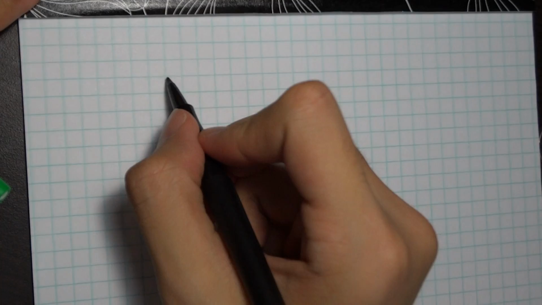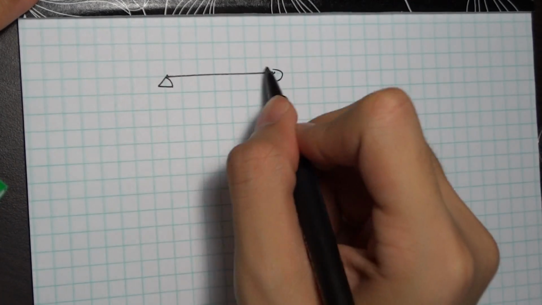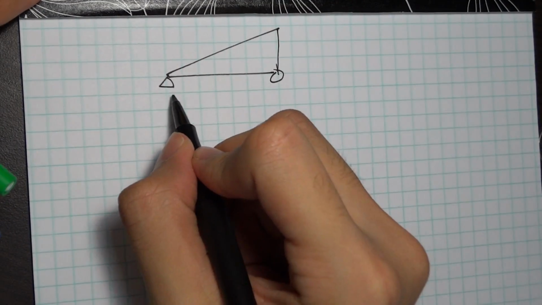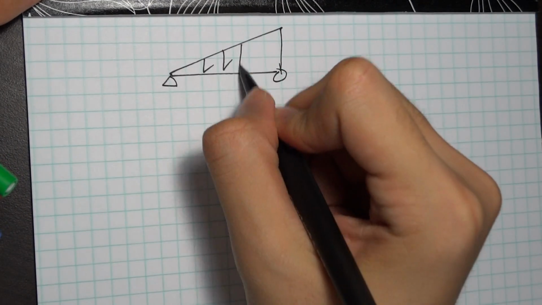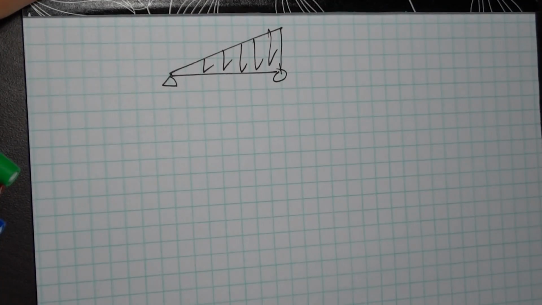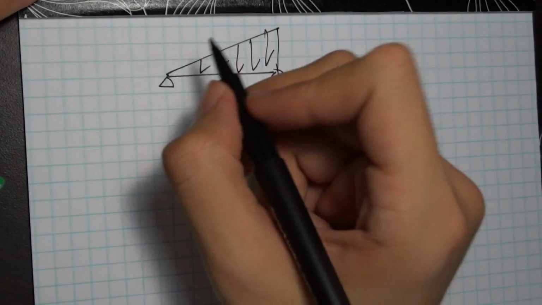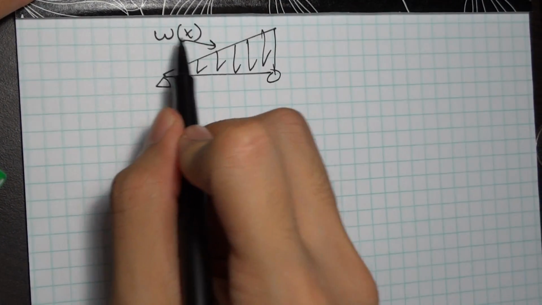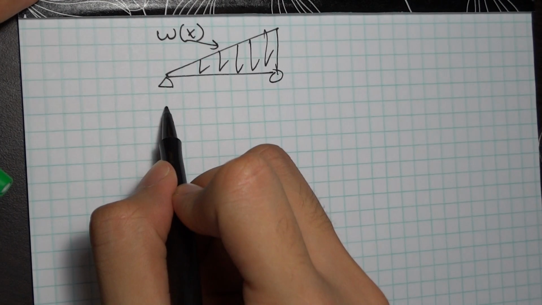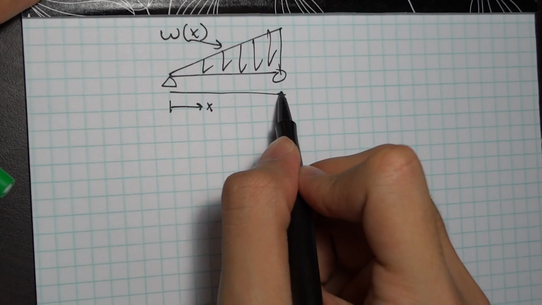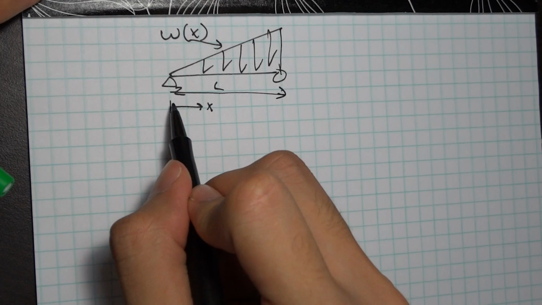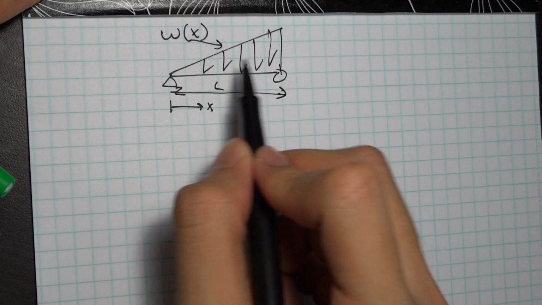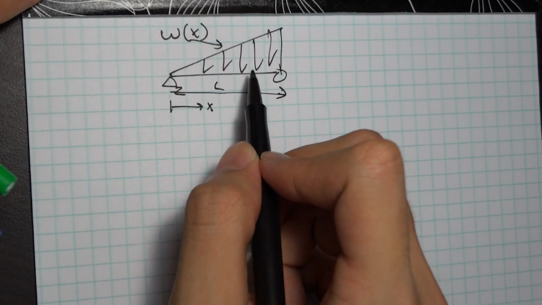So, the problem I'm going to do for you right now is this problem. A simply supported beam with a distributed load. I'm going to call it a function of x, because as you go along the length L and increase x, the value of your distributed load changes.